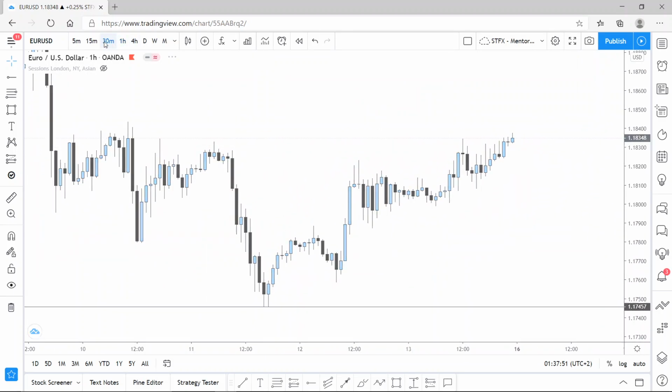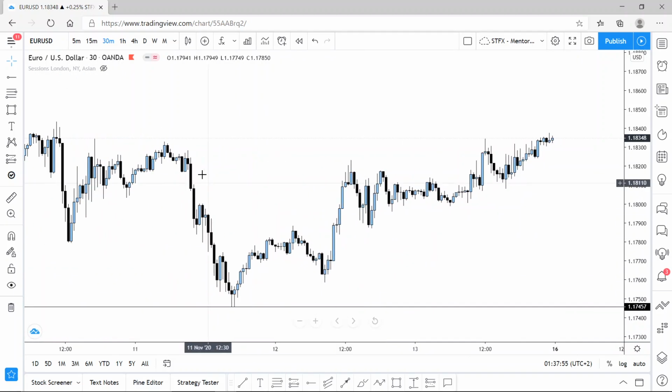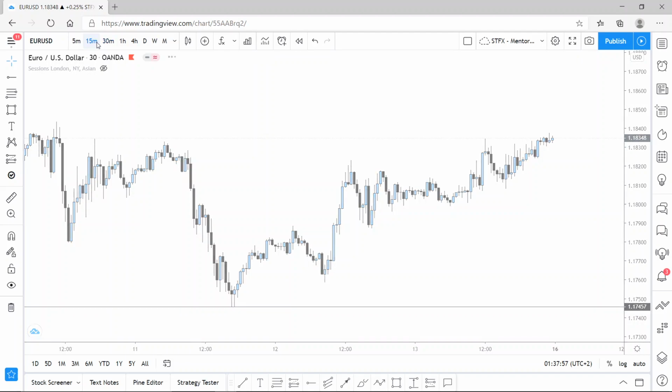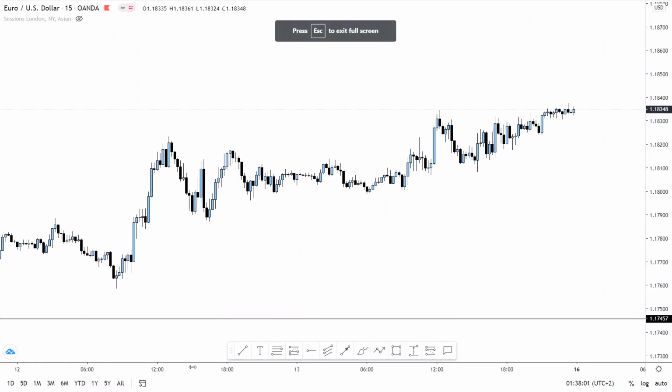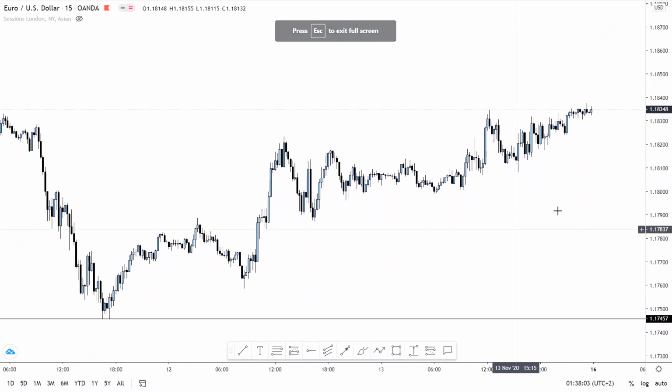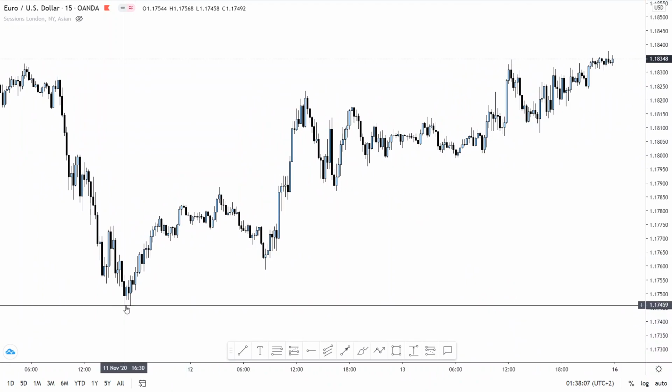So let's go down to the lower time frame now. Let's say we anticipated this area being the reversal area, right? The H4 area that we marked out.